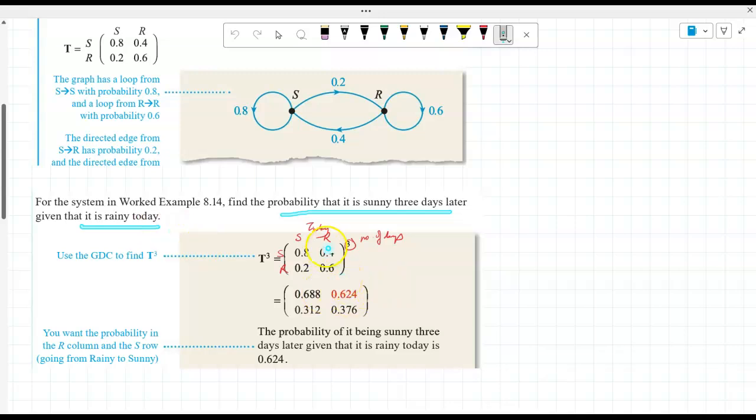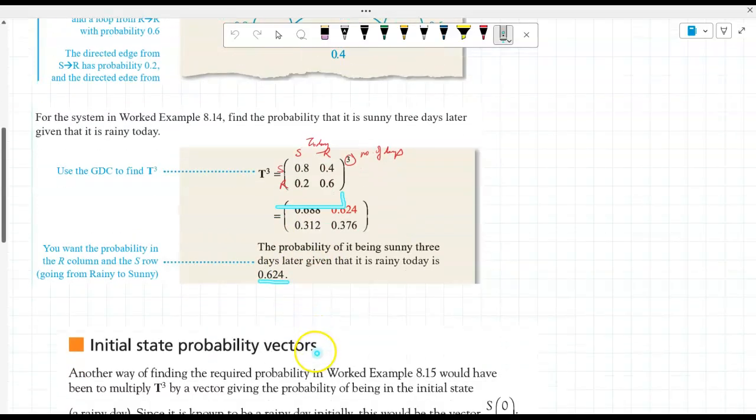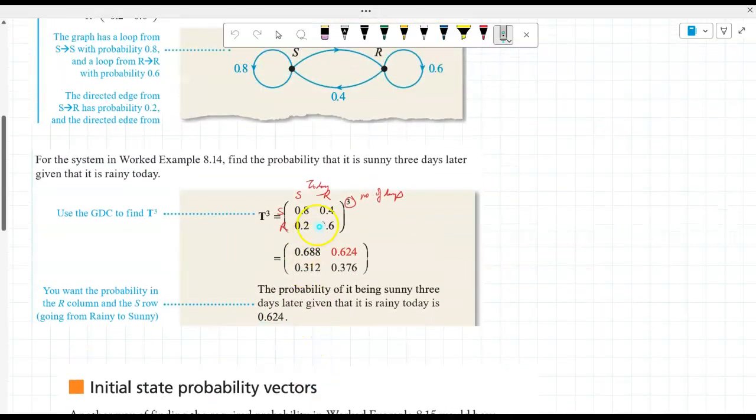So this is sunny and rainy, correct? If you want 3 days later, you do it 3 times, so you raise the matrix to the power 3. Given that it's rainy today, you start with this today and after 3 days, rainy after 3 days will be this.